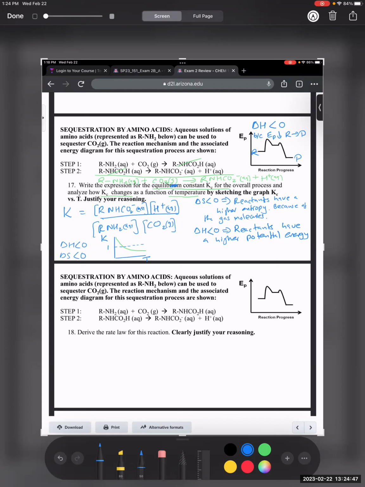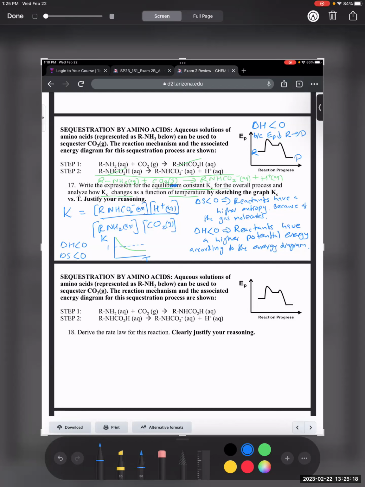Higher is a relative term, so this is comparative. In a situation where an energy diagram is not given to you, then we need to look at the bond strength to determine that. Stronger bonds mean lower potential energy. Weaker bonds, on the other hand, mean higher potential energy. So anyway, that's what I would write.